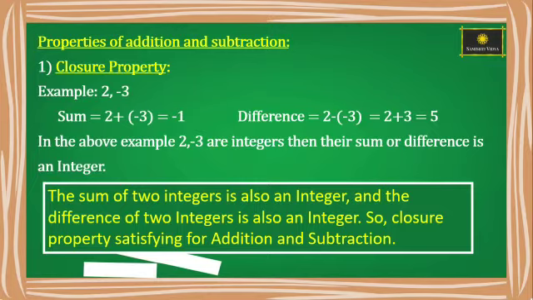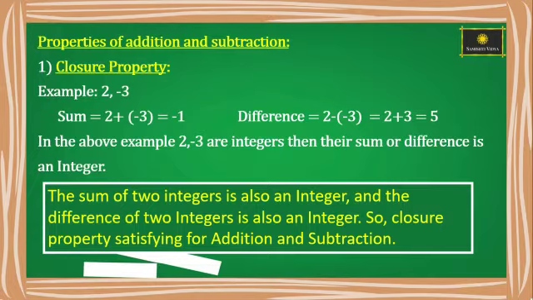Now let us find the difference of 2 and minus 3. Difference equal to 2 minus minus 3. That gives you 2 plus 3. That is equal to 5. 5 is also an integer, right? If we subtract any two integers, the result is also an integer.